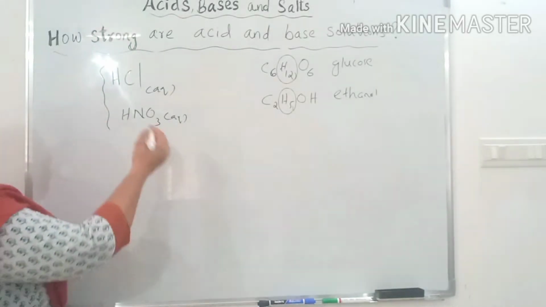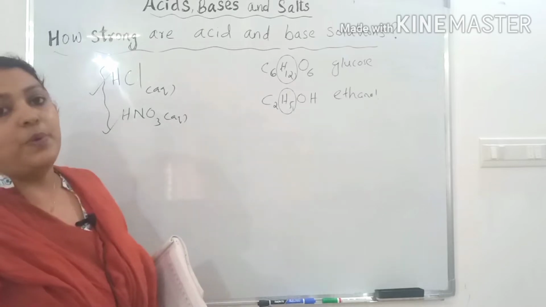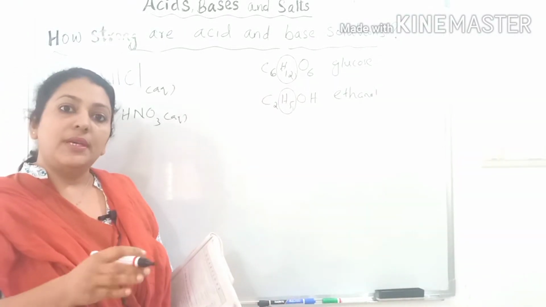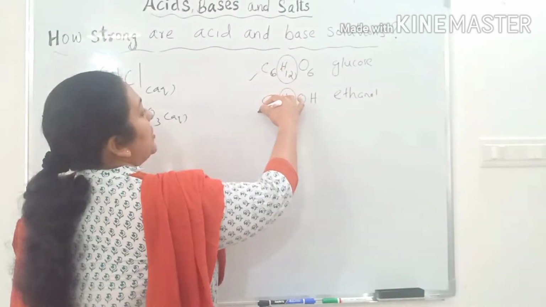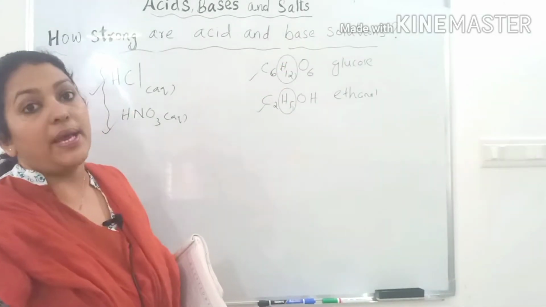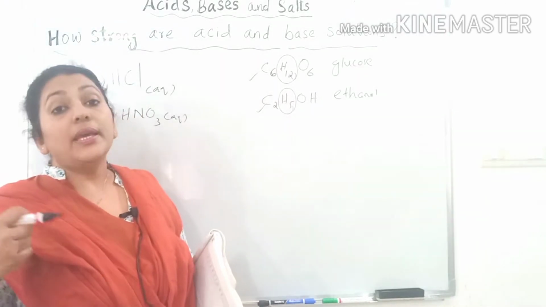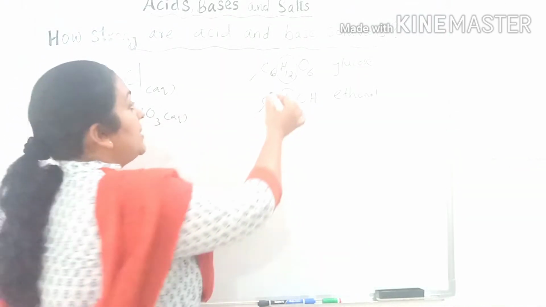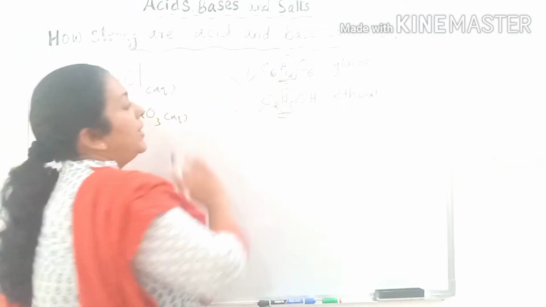The reason is hydrochloric acid and nitric acid can release H plus ions in presence of water. Okay, but these hydrogen atoms are non-ionizable. Even in presence of water, they cannot release these hydrogen atoms as ions. They will not produce any hydrogen ions.